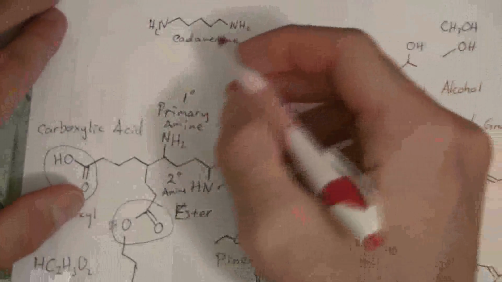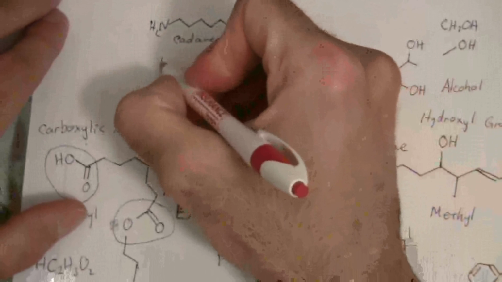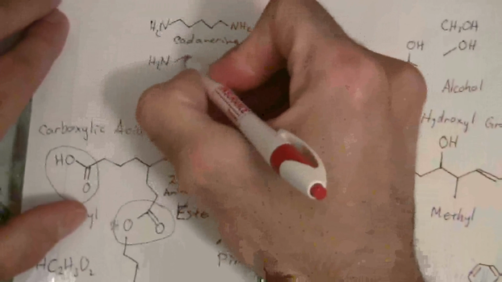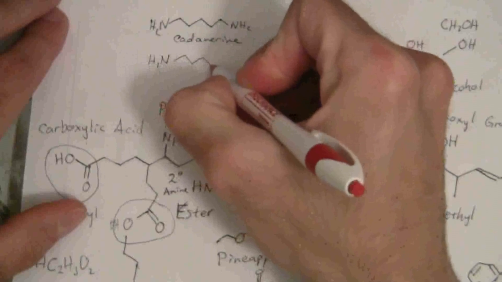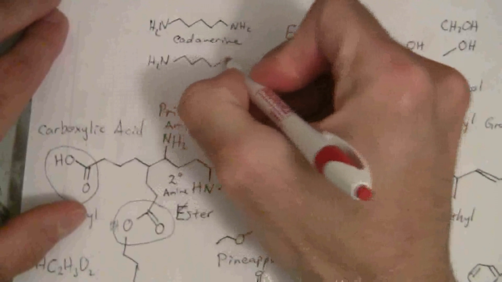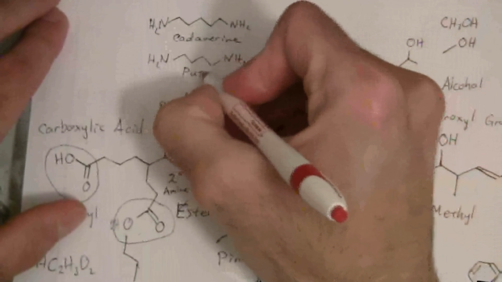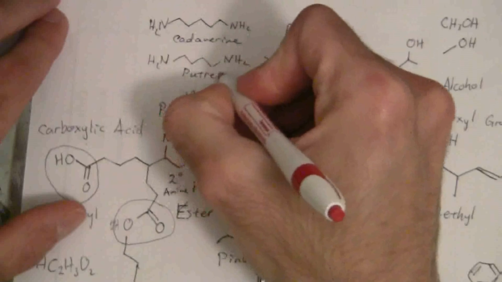Okay, and then a similar amine to this one, having the only difference being there's only 4 carbons in between. This one is called by its common name of putrescine.